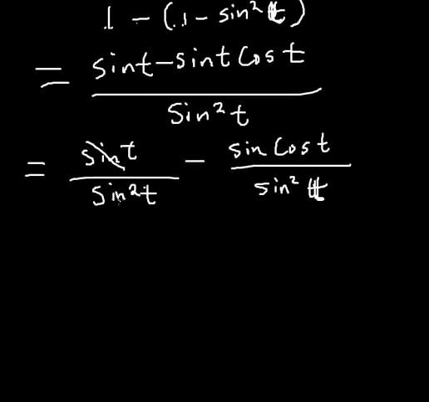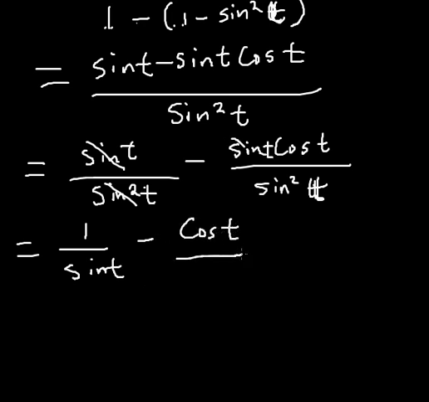So this cancels, I have 1 all over sine t. This also cancels, I have cos t all over sine t.